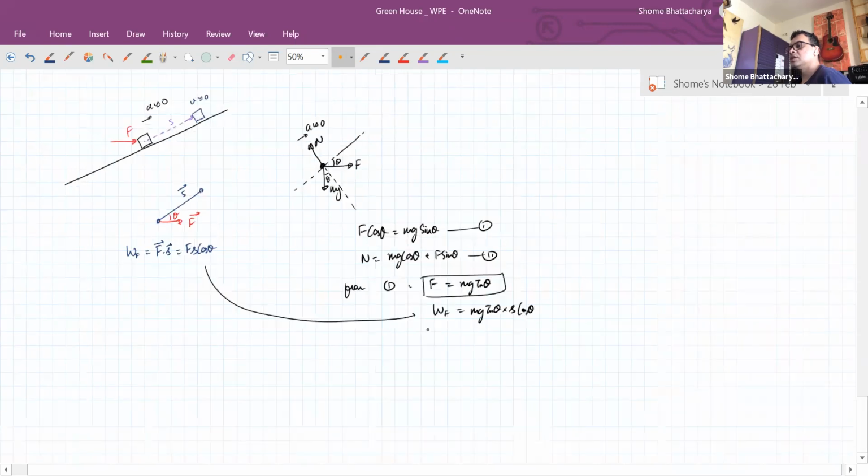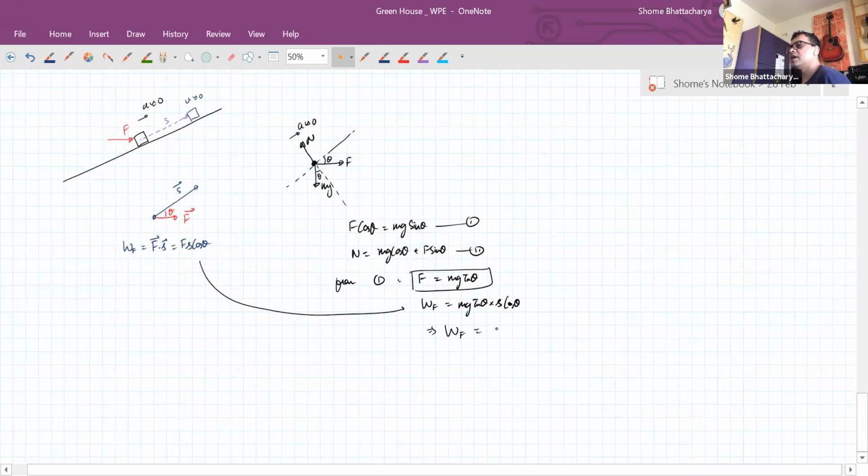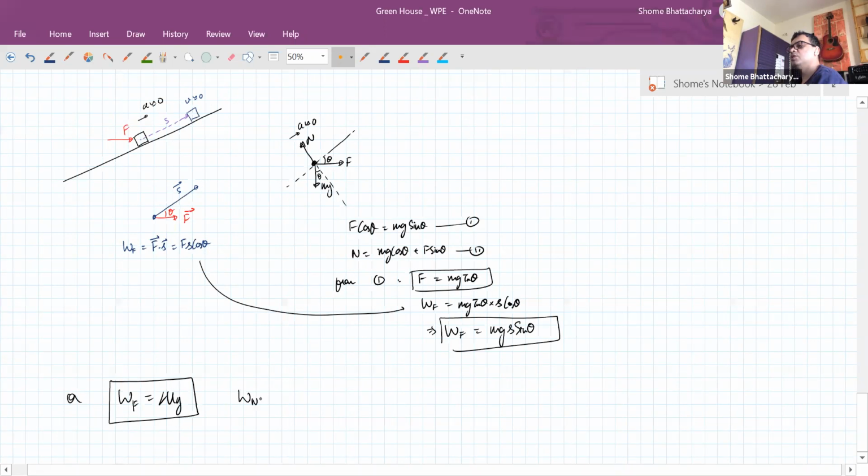And it's logical that it's the same as the first part because the change in kinetic energy is zero now. That's why I said that it's easier to actually work it out by the statement of work energy theorem rather than calculate this dot product. Okay. Or again, you can see that work done by F is change in gravitational potential energy because work done by normal reaction is zero and change in kinetic energy is zero.